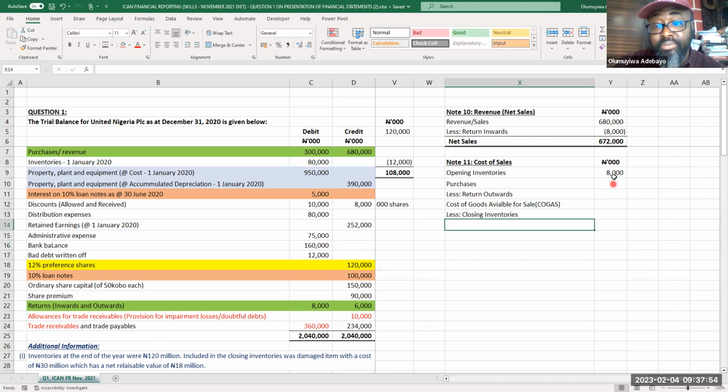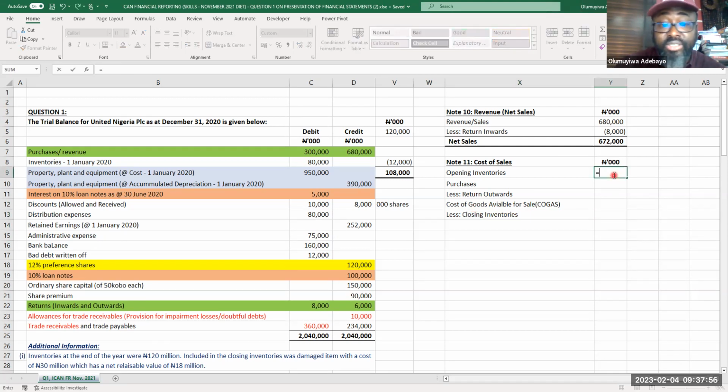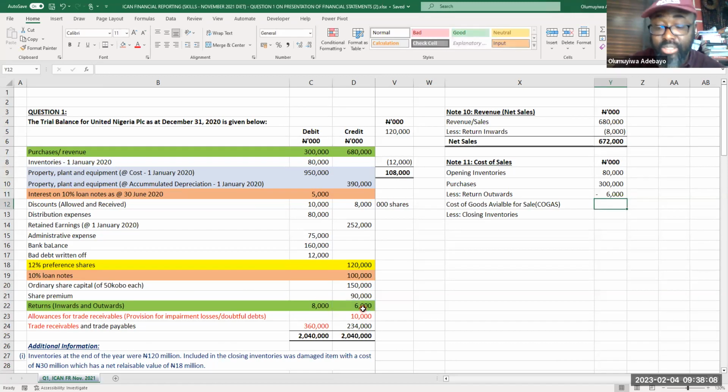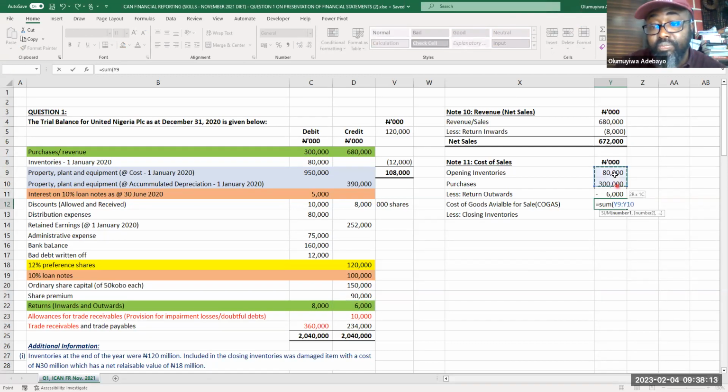Now let me do that. Now my opening inventory was how much? 80. My purchases was how much? 300. You said I should reduce from it, return outward. Remember, that's 6,000. What do you have there? My COGAS is 374.